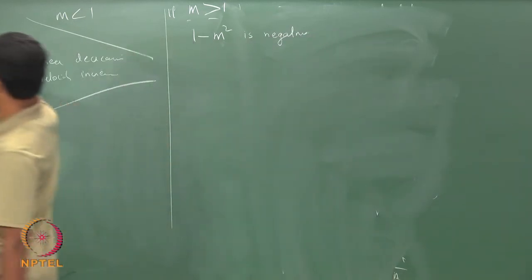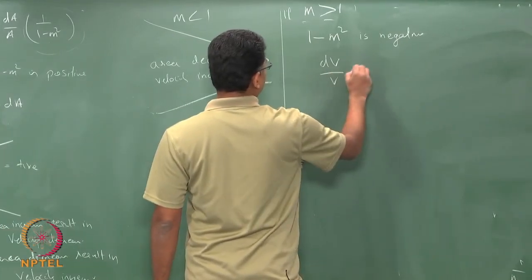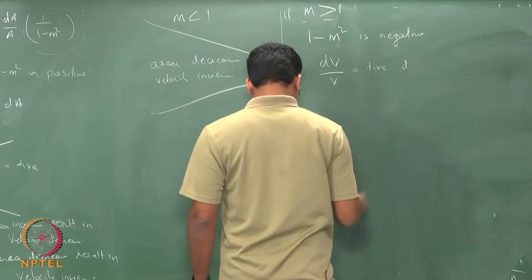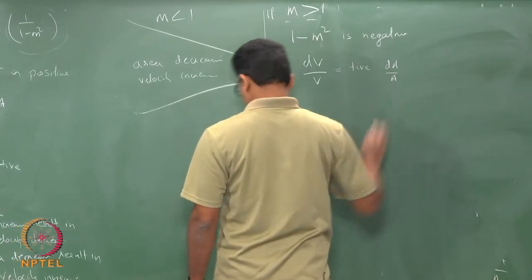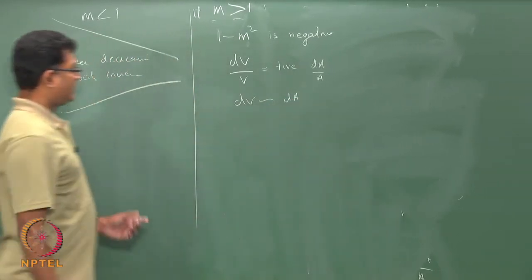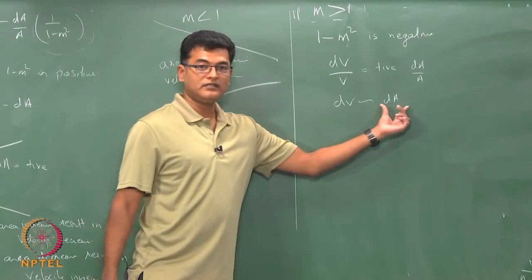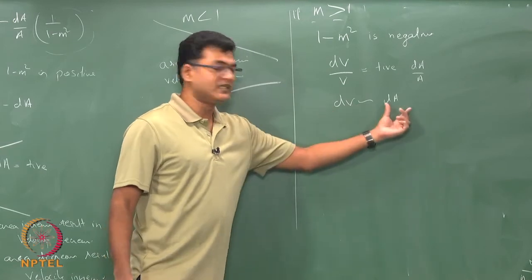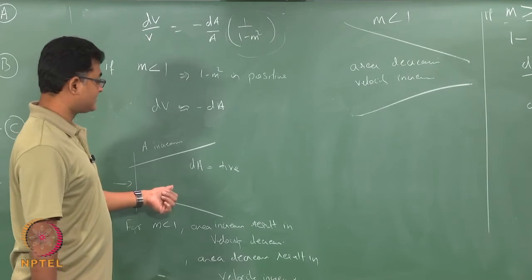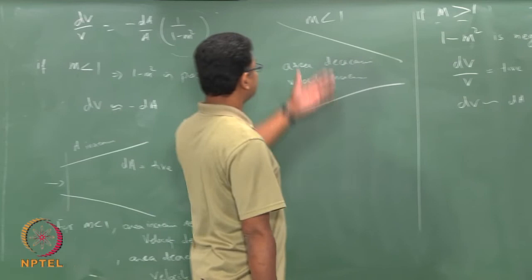So, your total on the right hand side is positive. So, your dV by V is now a positive quantity with dA by A. So, your dV goes as dA. The sign of dV is the same as the sign of dA. So, if there is an increase in area, there is an increase in velocity. If there is a decrease in area, there is a decrease in velocity. That is different from what you have seen in your incompressible flow or your subsonic flow.